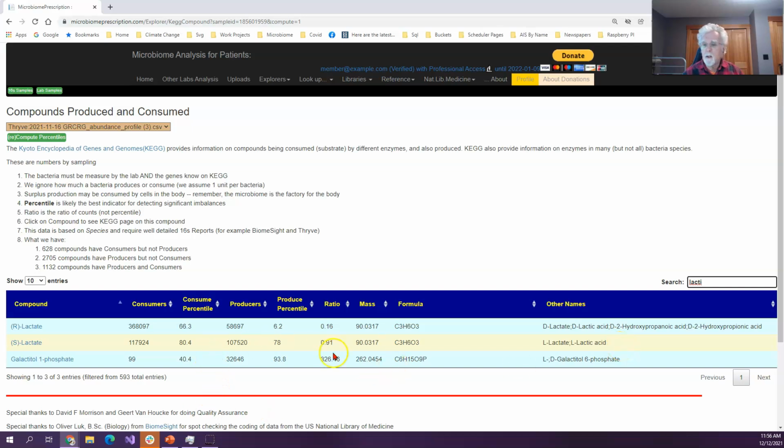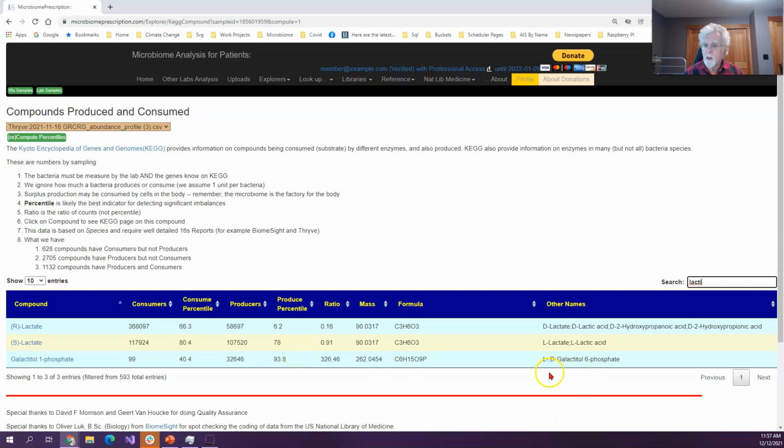What we have is D-lactic, which is the one that tends to cause brain fog, and in this case has a relatively low percentile, and the consumer has a high percentile, which means chances are D-lactic acid is being well cleared by the system in the stomach. And over here we have the regular one, and the 2 numbers are close in absolute count and also in terms of percentile. So they are probably in balance.